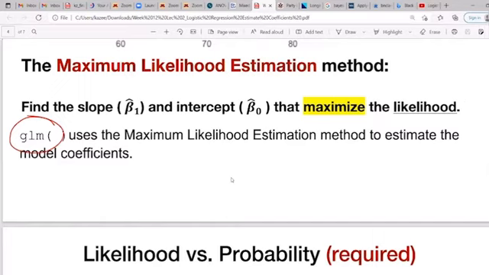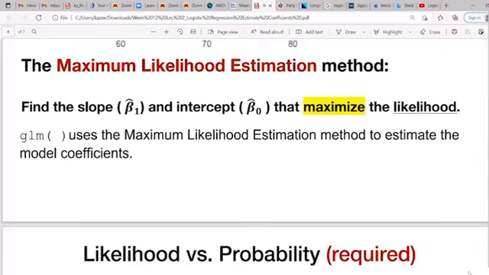Instead of using LM in the code for logistic regression, we use GLM. Just like I said, the maximum likelihood estimation method finds the values of the slope and the intercept that maximize the likelihood.